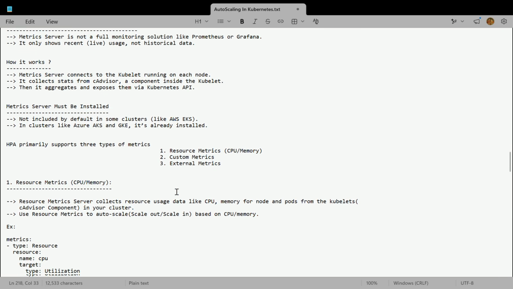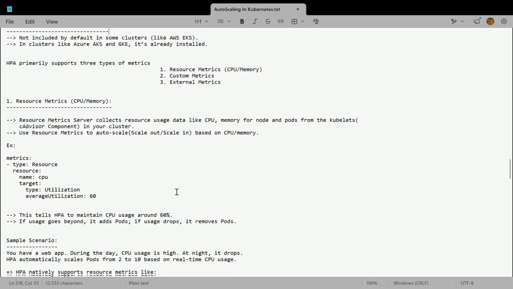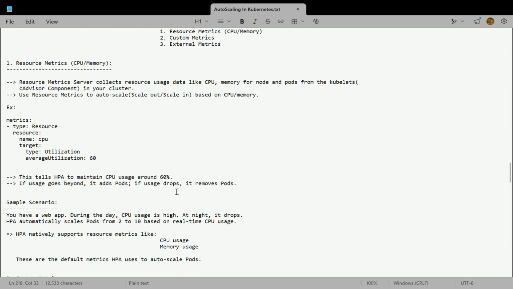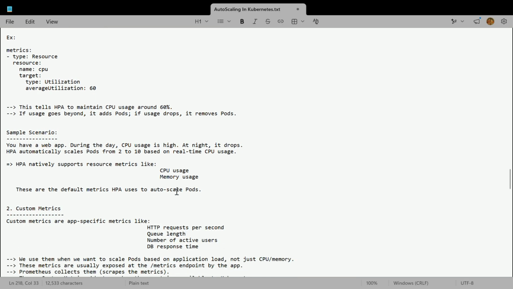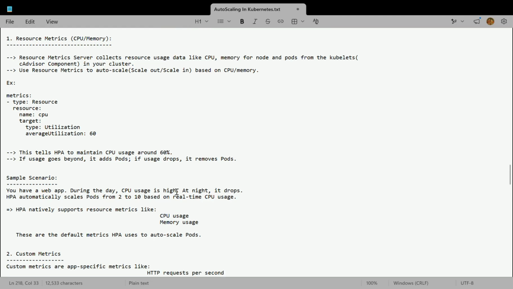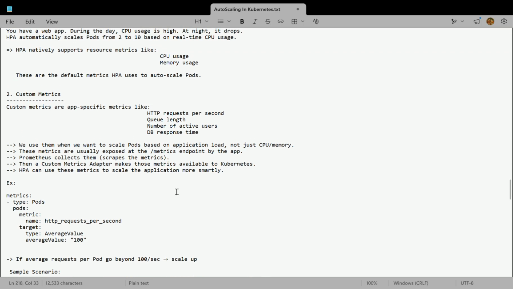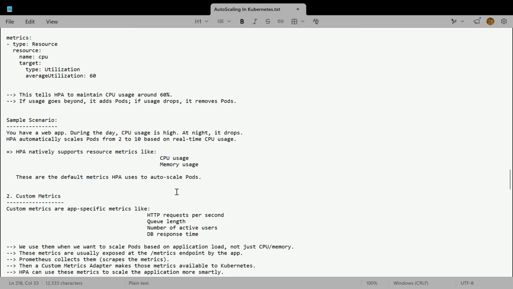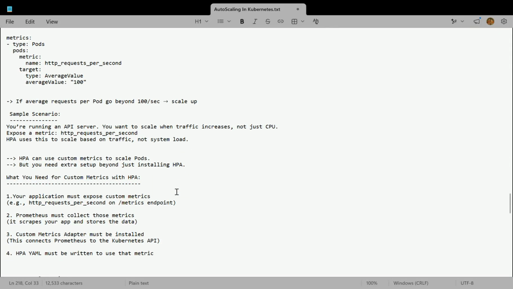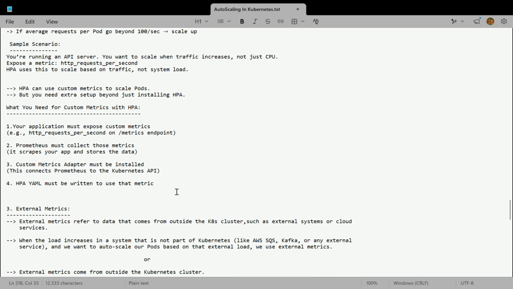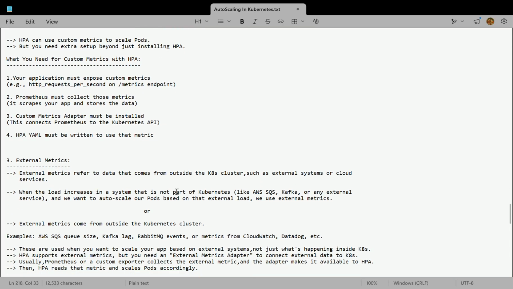So this is about the horizontal pod autoscaler. Some use resource metrics, some use custom metrics. How these resource metrics and custom metrics work is a task for you, do some work around it.